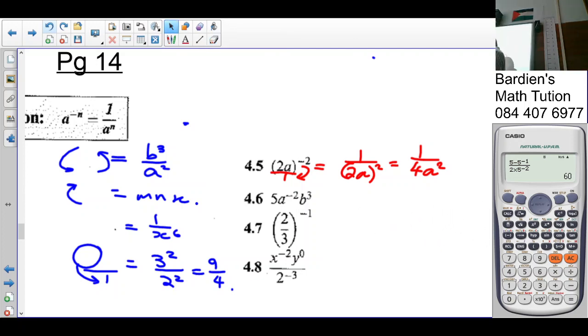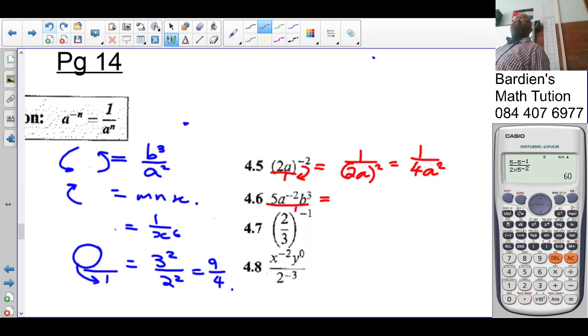Let's look at the next one. That's naturally over 1. What is going to go to the denominator? Is that negative 2 on the 5? So why are you going to take the 5 down? It is only the base whose exponent is negative is going to go down.